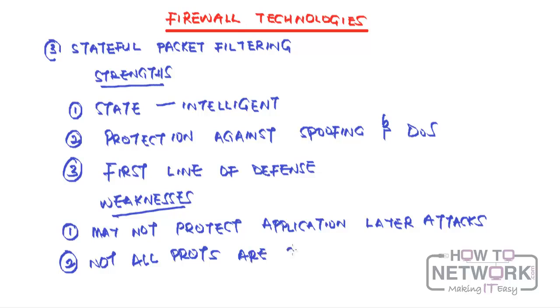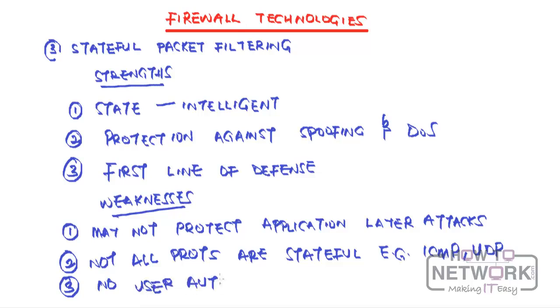So for example, you have ICMP, which is not stateful, and then you have UDP. A third weakness is that it cannot provide user authentication. But like I said before, the stateful packet filtering is one of the most used firewall technologies.